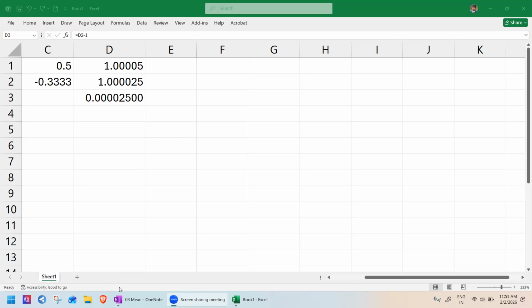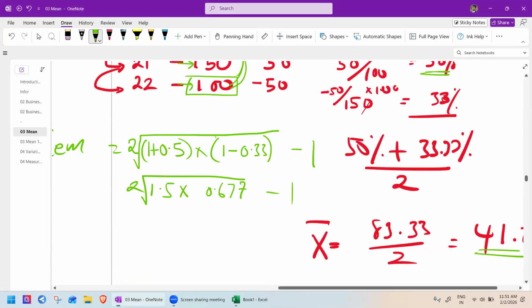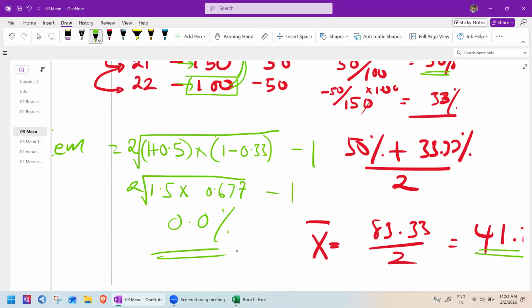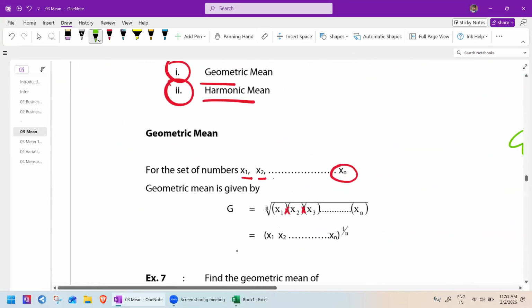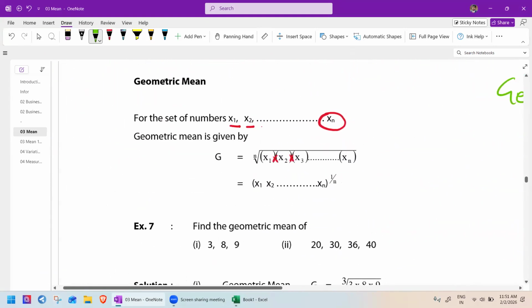So the arithmetic mean will not always give us the correct meaning. Here it shows almost 0% return. Therefore, the arithmetic mean cannot be applied for these instances. So the geometric mean has been introduced.